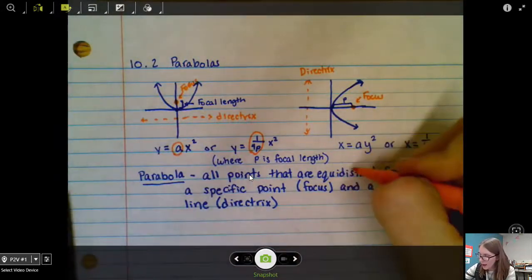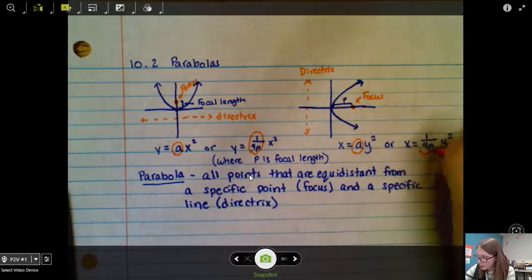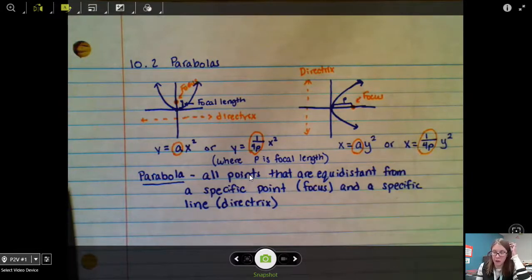And again, a and 1 over 4p are really referring to the same number. So that's parabolas in a nutshell. Next video, we'll start looking at some examples.